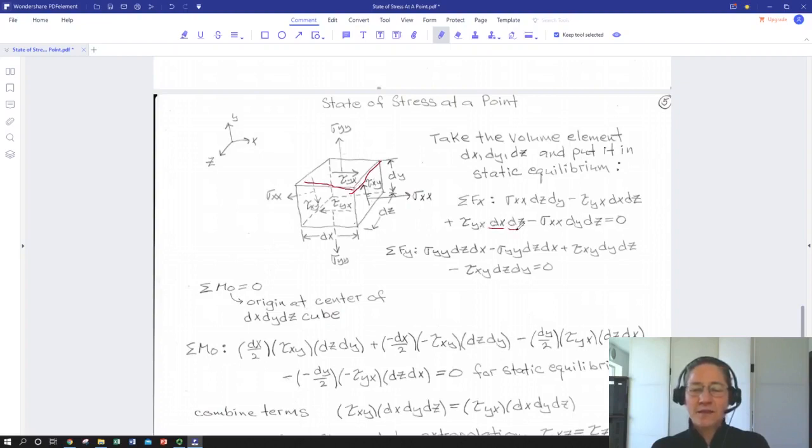And then I'm going to subtract tau yx, which is also acting on a face that's dx times dz in area.